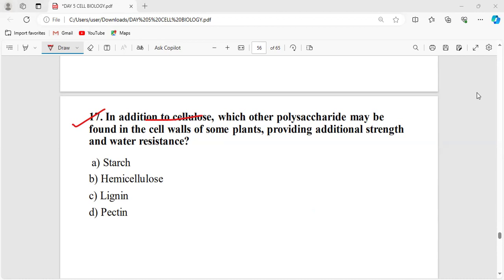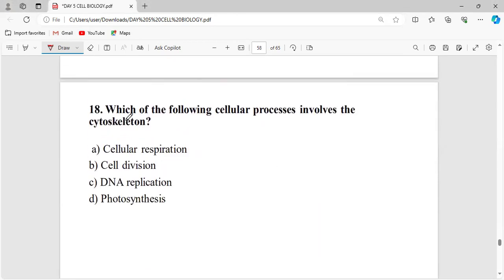See, as I have said before, cellulose is the strongest supportive system. After cellulose, lignin is considered the strongest. Okay, don't get confused. So the answer will be lignin.